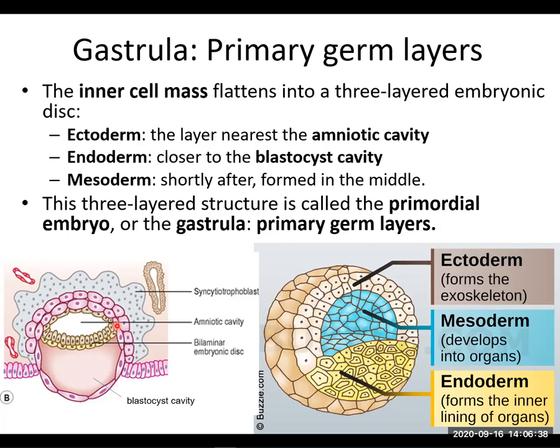From the head to the bone, to the muscle, to the nerve. So that is the ectoderm. Their fate is already decided.